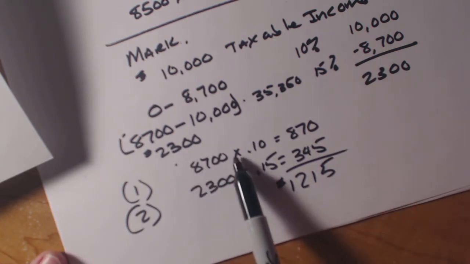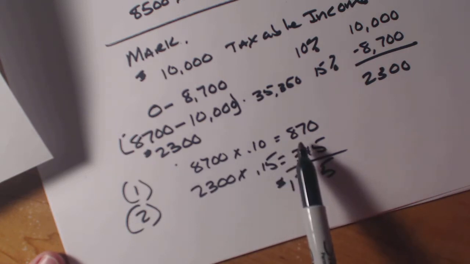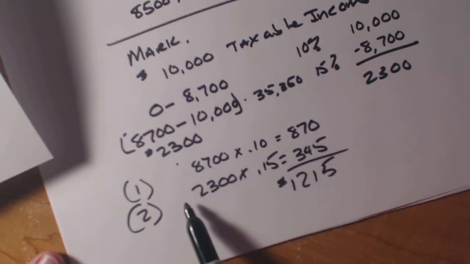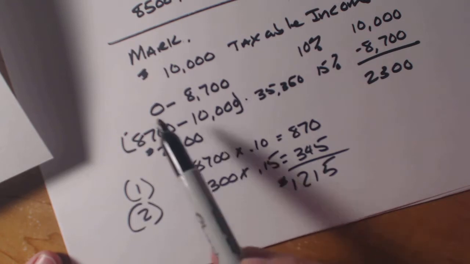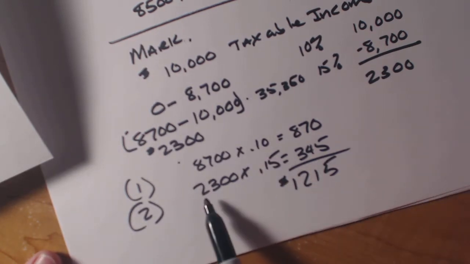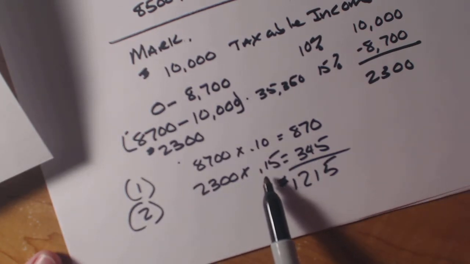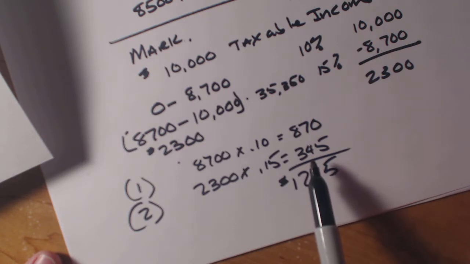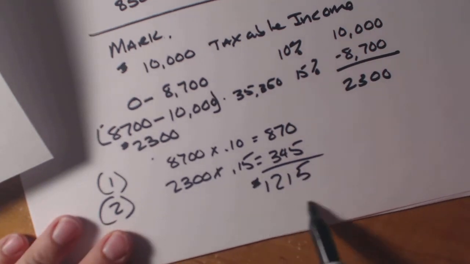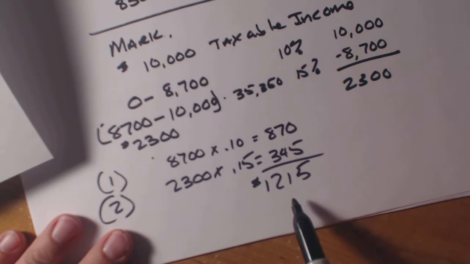So the first 8,700 at 10 cents is $870, and then every dollar thereafter, up until the top of the bracket, is at 15 cents, and that's $345. So his total tax is $1,215.